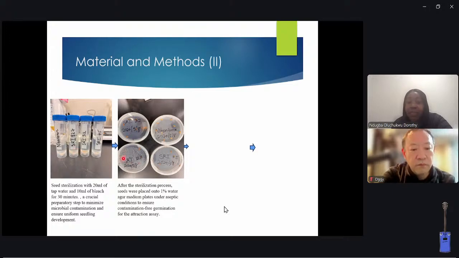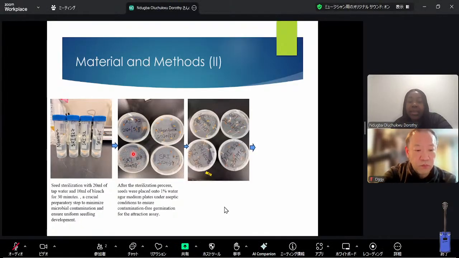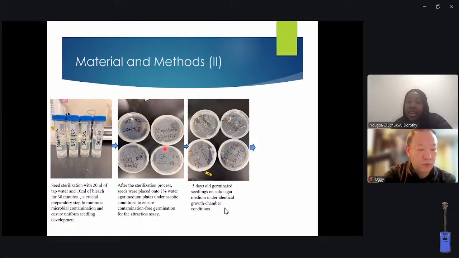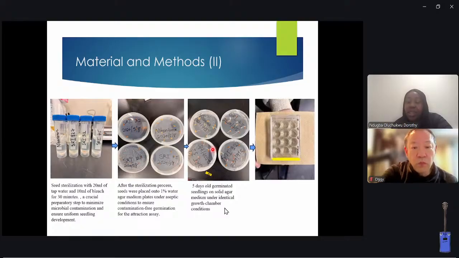And after that, they are planted in this agar medium plate under aseptic condition to ensure contamination free. Then the seeds are allowed 5 days to germinate on this solid agar. They are allowed to germinate for 5 days, and after germination, the seeds are removed.